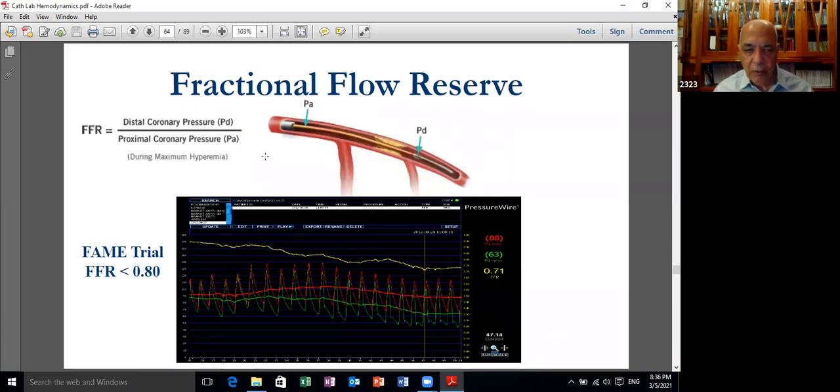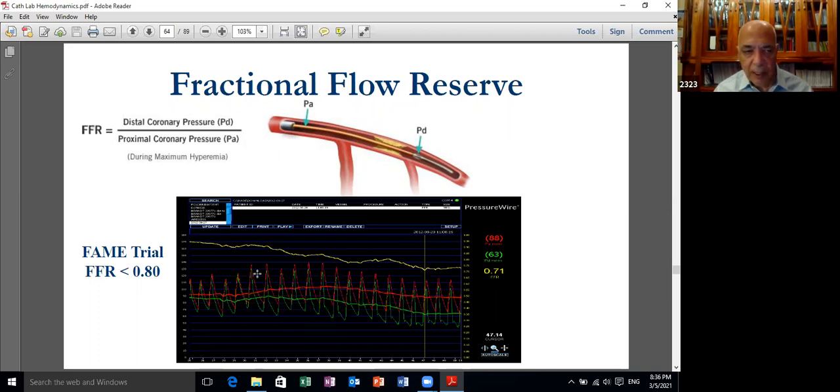So you wait for some time after giving adenosine or regadenoson to these patients until the pressure becomes stable. And as you see here, this is the proximal pressure, proximal to the lesion, and this is the distal pressure, and the ratio here is 0.71.